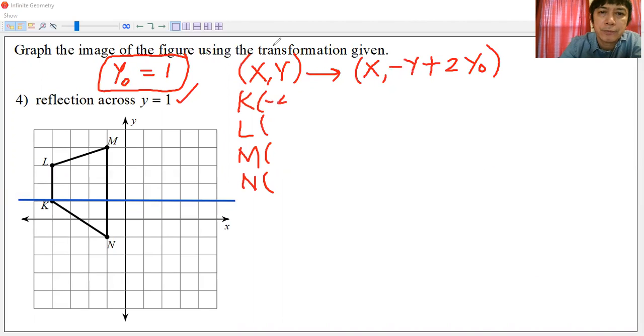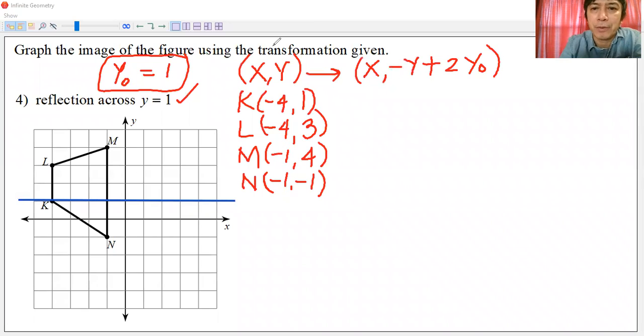Our L is negative 4, 3. Point M is negative 1, 4. Point N, that's negative 1, negative 1.